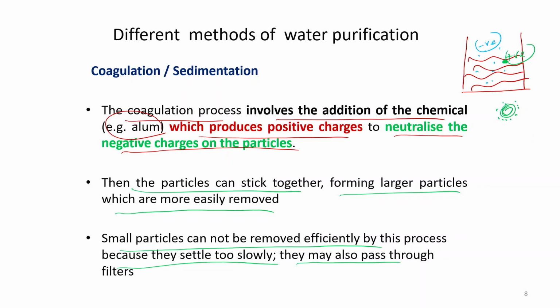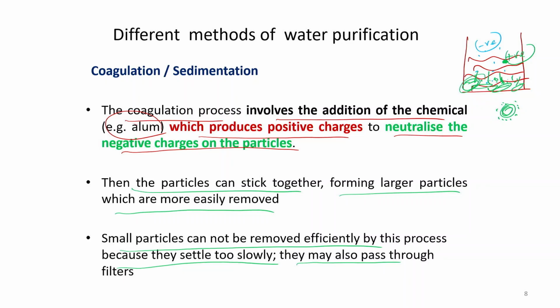The alum, kept at the bottom, is a large particle, and it will attract the relatively larger particles which are close to it, and they will form a larger particle.